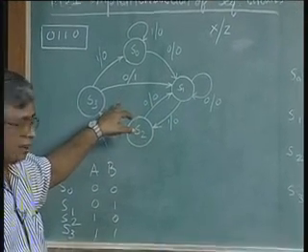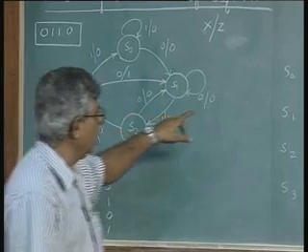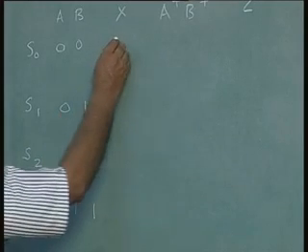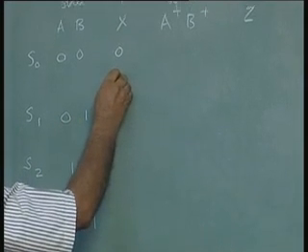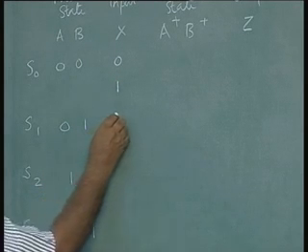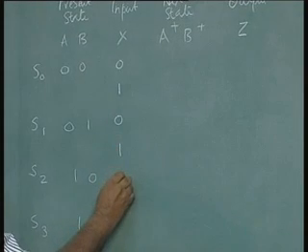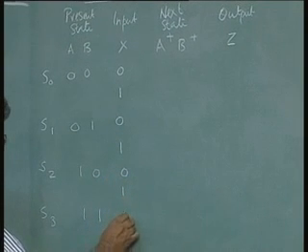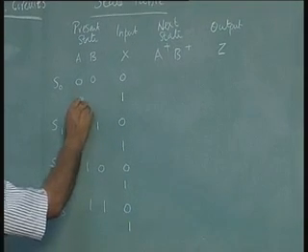We already did it last time, again we will redo it. If x is 0, what happens in the next state and what is the output? If x is 1, what happens? Likewise we do for S1, S2 and S3.